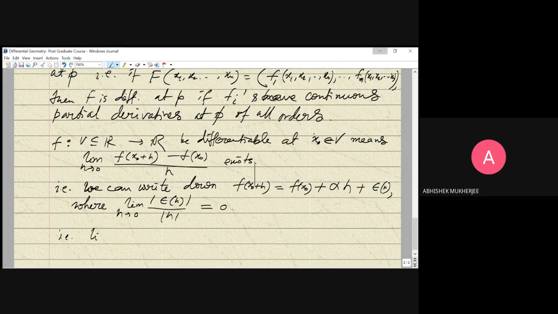That is, the limit of mod of f(x0 plus h) minus f(x0) minus alpha h by mod h is 0.